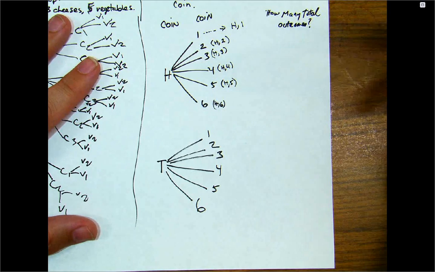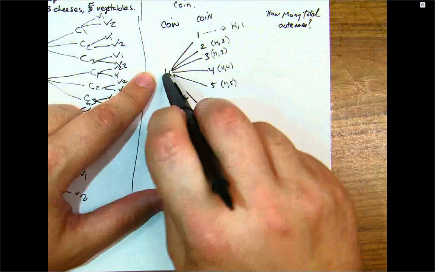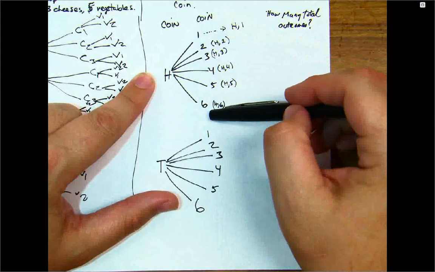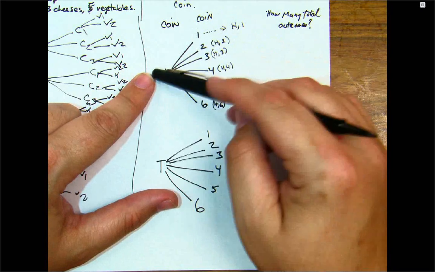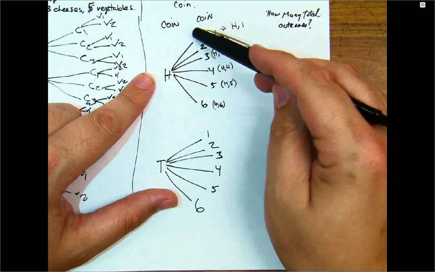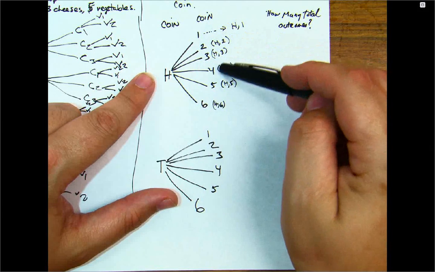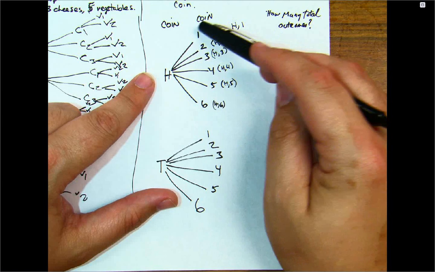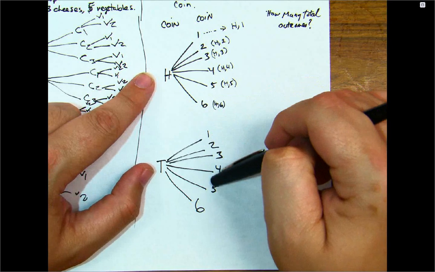How many different outcomes if I flip the coin, we got heads? 1, 2, 3, 4, 5, 6. 6 outcomes from here. All you have to do is count up the number of outcomes on your last choice. So there's 6 from heads. How many from tails? 6. So there's 12 total.